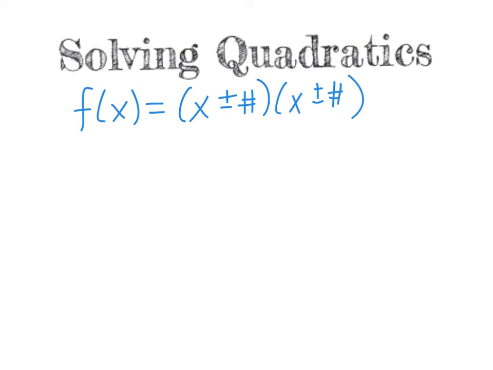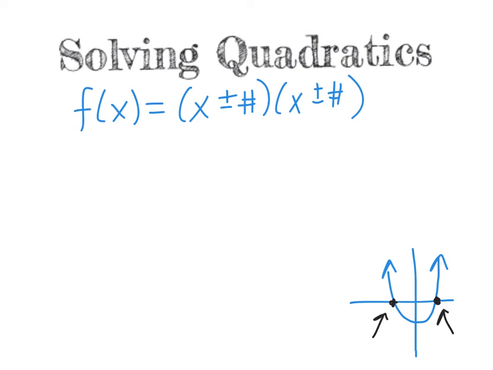When I was explaining this for the first time, I said that the solutions or the factored form are also known as the x-intercepts. We're trying to figure out where the graph touches the x-axis, or the roots, or the solutions, or the x-intercepts. We're trying to find those 2 locations.